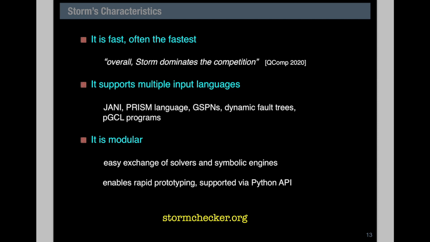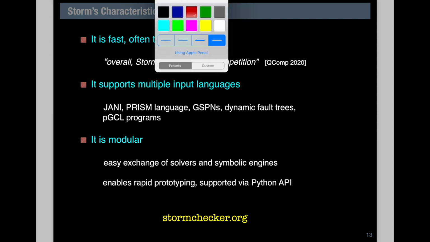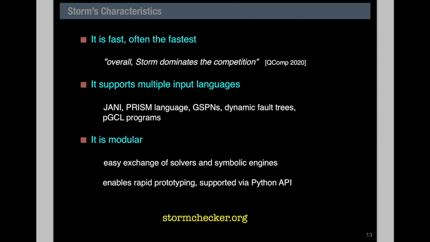That means it is set up in a modular way such that, on the one hand side, you can easily extend or exchange solvers and symbolic engines in the model checker. So if you're interested in using, for instance, another BDD package, then it's easy to plug in a new BDD package.